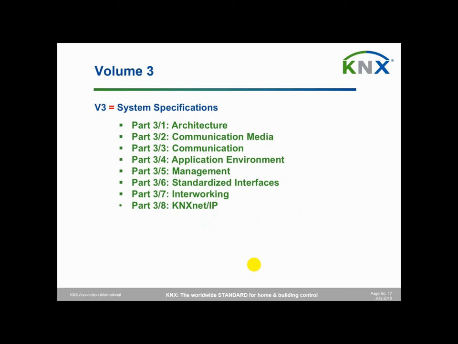Part A, KNX Net IP. So here also 5 chapters, if I'm not mistaken, in total. So first the overview, which just shows the general requirements for a KNX Net IP device. So the explanation about the header that is used in every KNX Net IP frame, so to say.